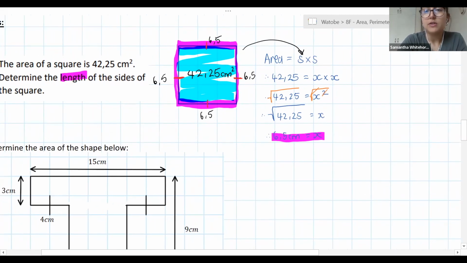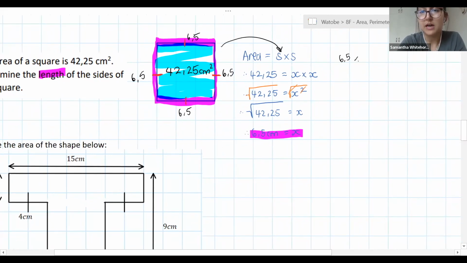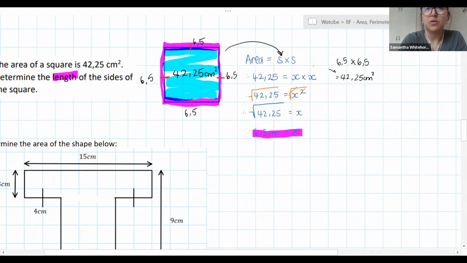So if I say 6.5 times 6.5, or 6.5 squared, doesn't really matter, and I work out the area with that length, I get 42,25 centimeters squared. And because the area that I'm getting is the same area as what was given to me, I know that the length I've worked out is correct.